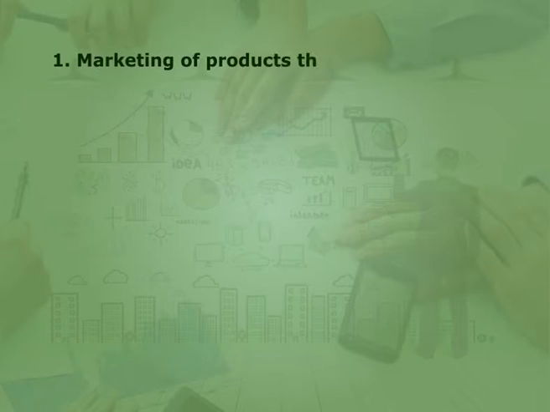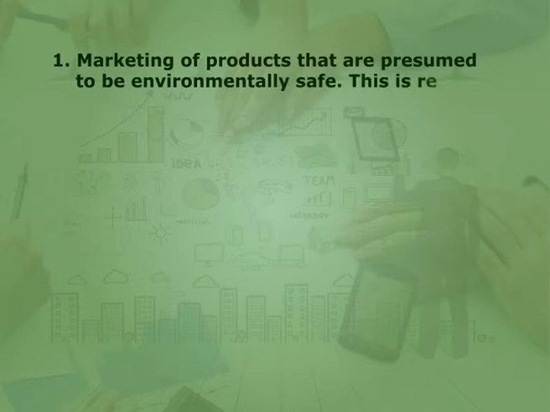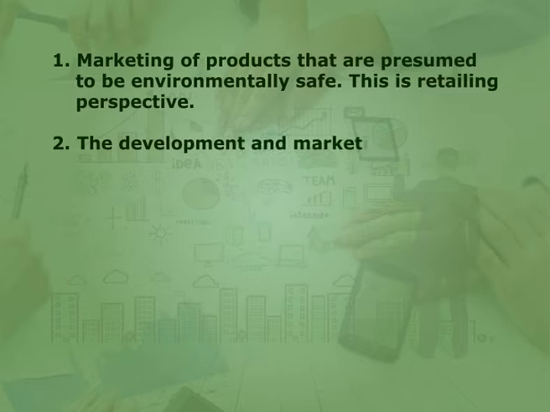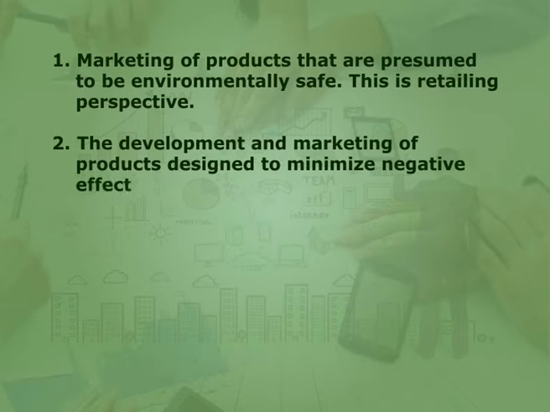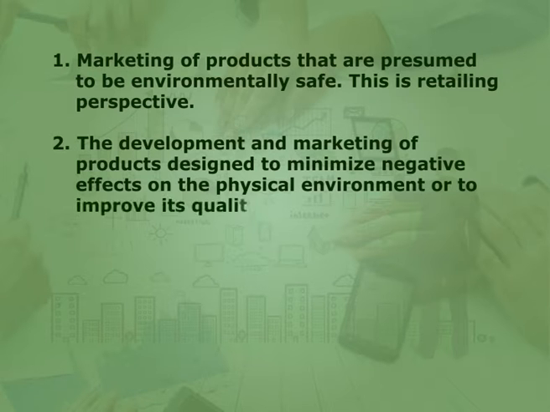American Marketing Association defines green marketing in 3 ways. First, marketing of products and services that are presumed to be environmentally safe. This is retail perspective. Second, the development and marketing of products designed to minimize negative effects on the physical environment or to improve its quality.